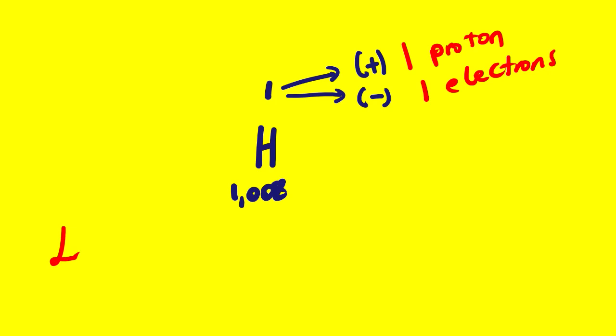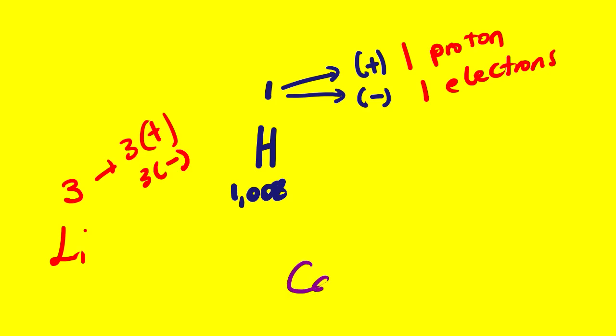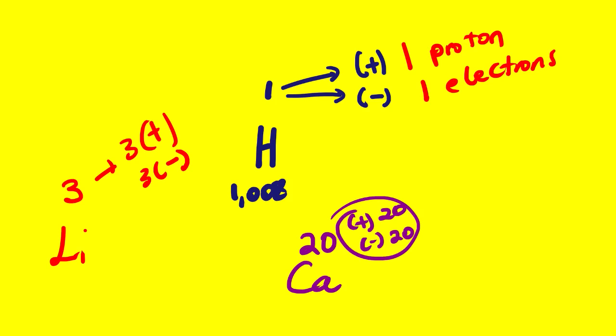Now looking at lithium, the atomic number is 3. This means that it has 3 protons and 3 electrons. Looking at calcium, it's element number 20, it means it has 20 protons, 20 electrons. So with this information, we can go ahead and draw different types of atomic structures.